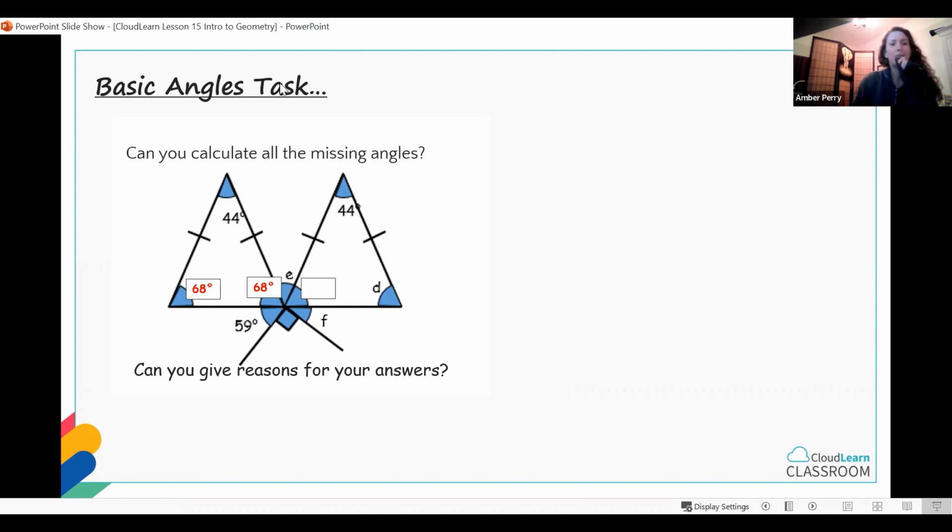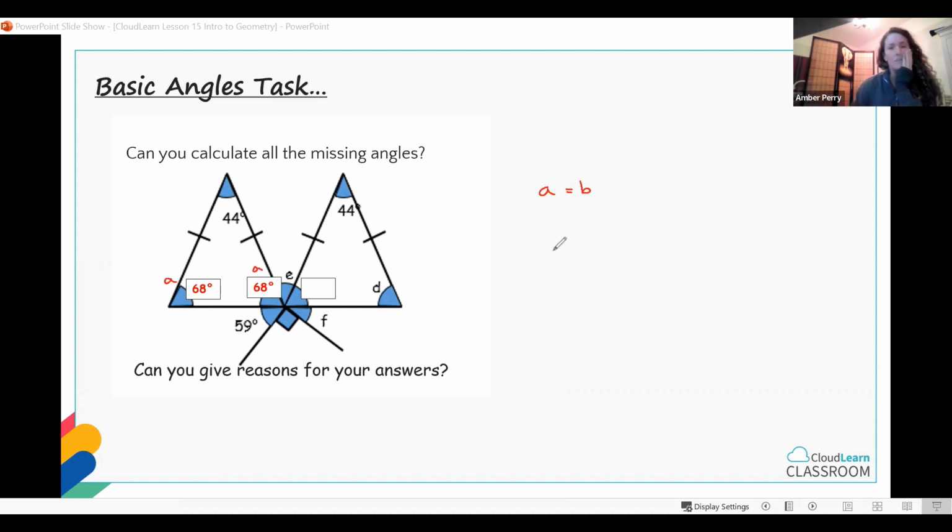Brilliant. Now, one thing that I just want to do, because you know how I love this, is just show you how you could have done that using algebra. So we could have said that A equals B. So we could therefore say that this angle is A and so is this angle. Okay.